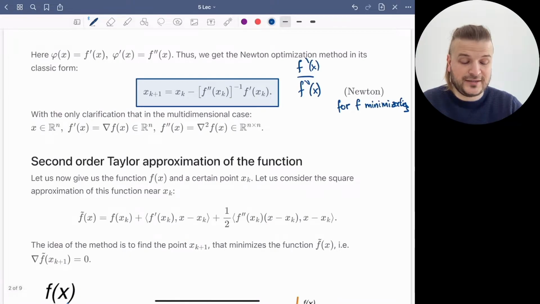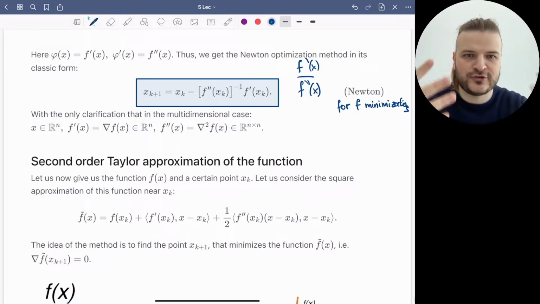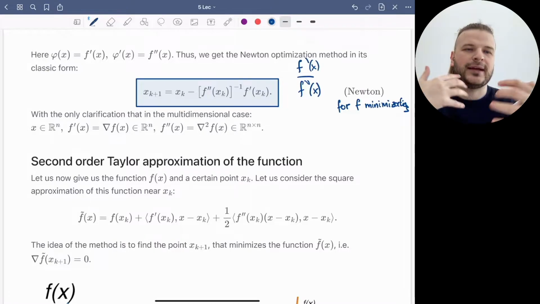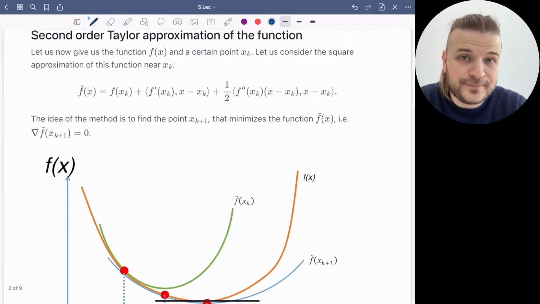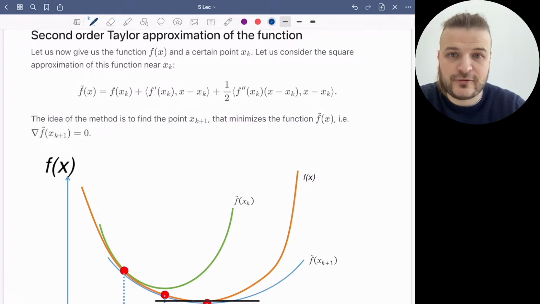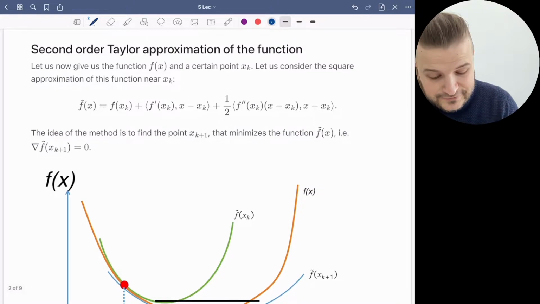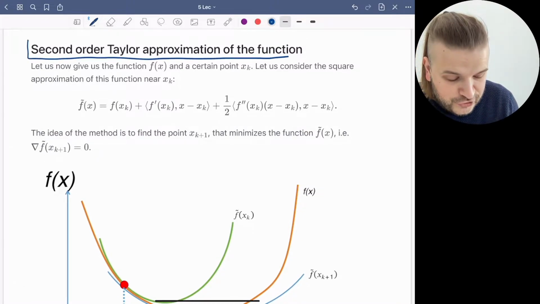Which means that you should be careful when applying the Newton method for function minimization, and the next intuition will provide more information about it. Also, we can derive the Newton method from another perspective, and this perspective is the second order Taylor approximation of the function.